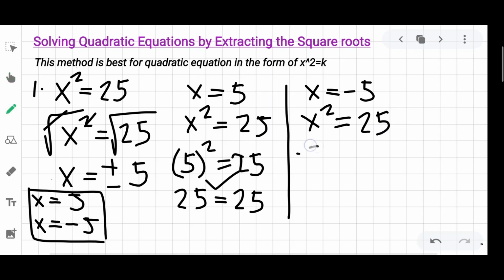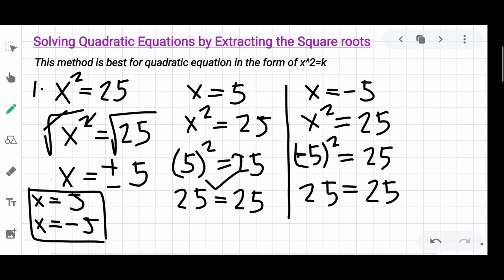So, negative 5 i-squared natin equals 25. So, negative 5 times negative 5, the answer is positive 25. Then, bring down equals 25. So, kung napapansin ninyo, equal sila. Therefore, our answer is correct. So, na-check na natin siya.